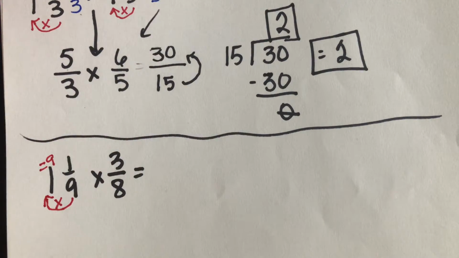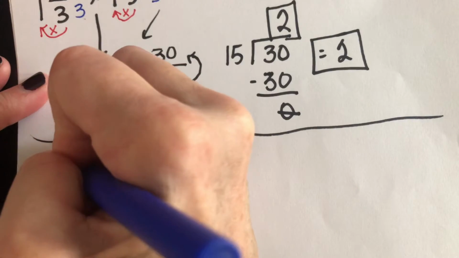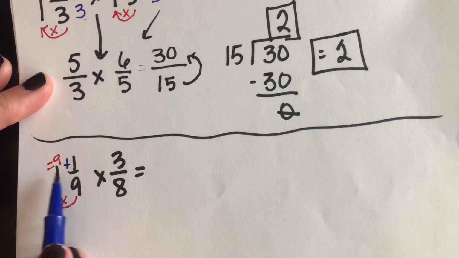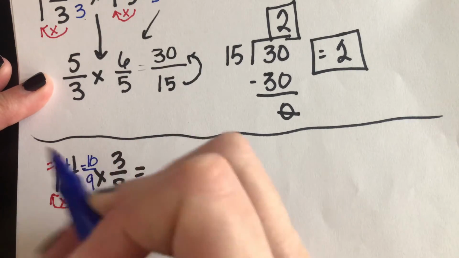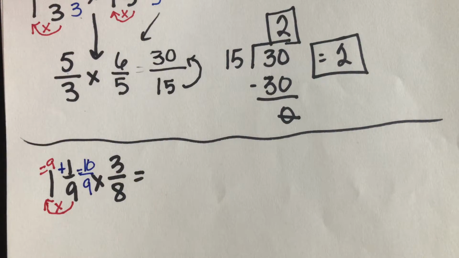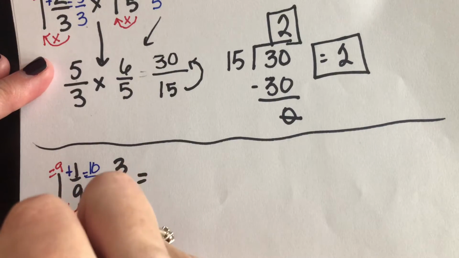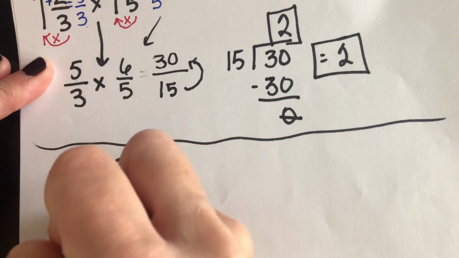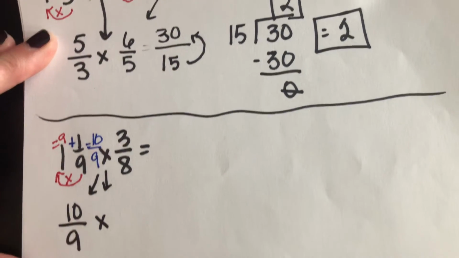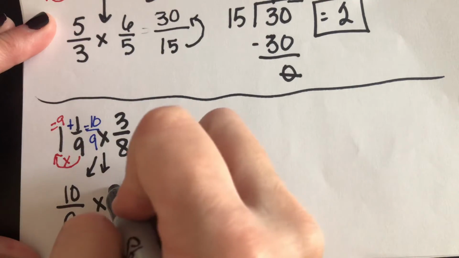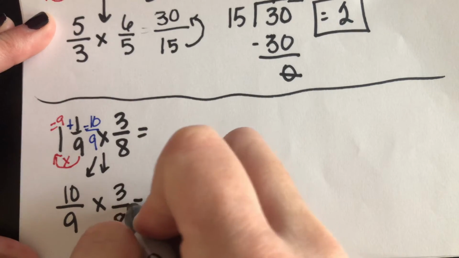And then I'm going to add the 1, so I have 9 plus 1, which equals 10/9. So I'm just going to rewrite this down here so you guys can see it. It's 10/9. Rewrite my times, and my 3/8 is already a fraction, so it's going to be 3/8.